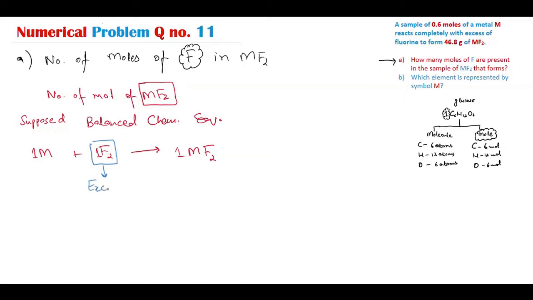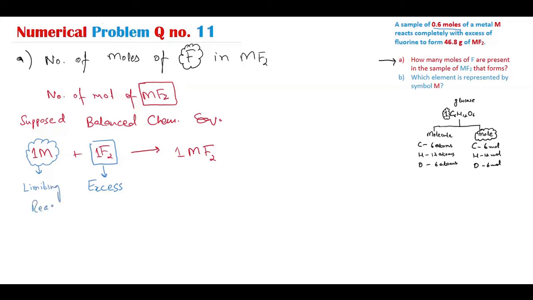How many moles of MF2 will be produced does not depend on fluorine because it is in excess. We are told that we have 0.6 moles of metal M. So this metal M, which is 0.6 mole in number, is the reactant that we call the limiting reactant.